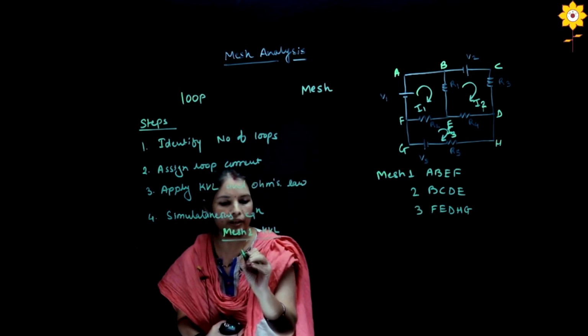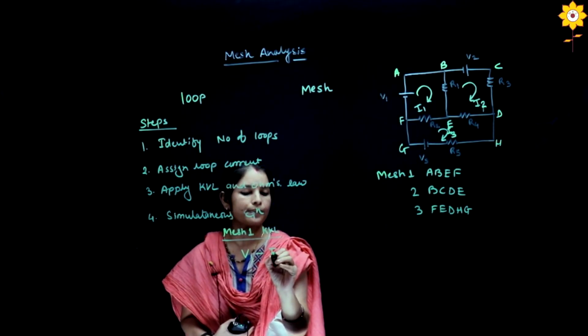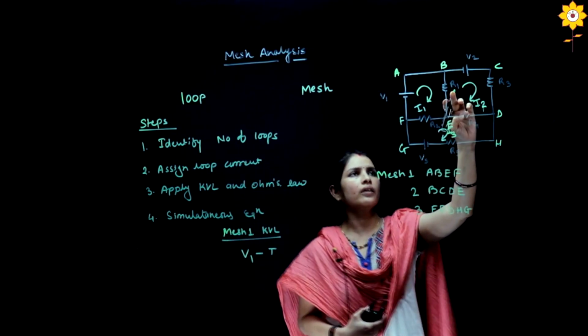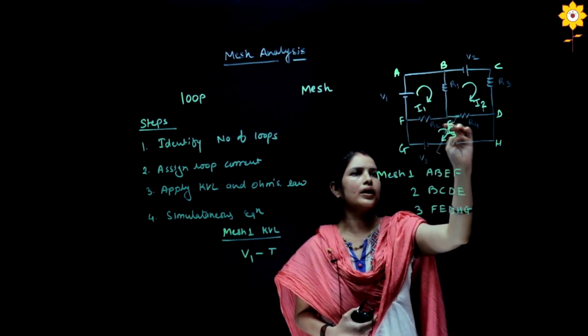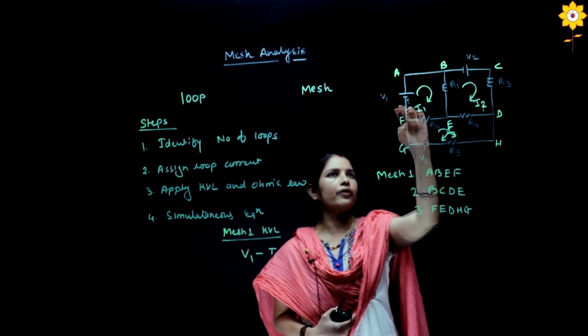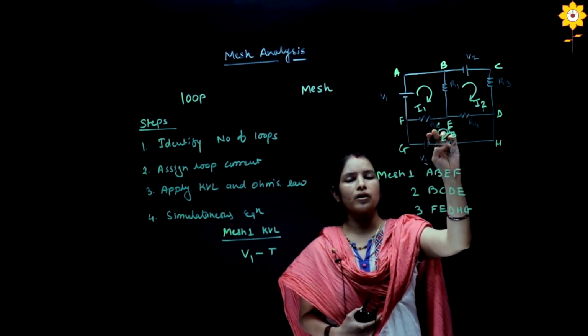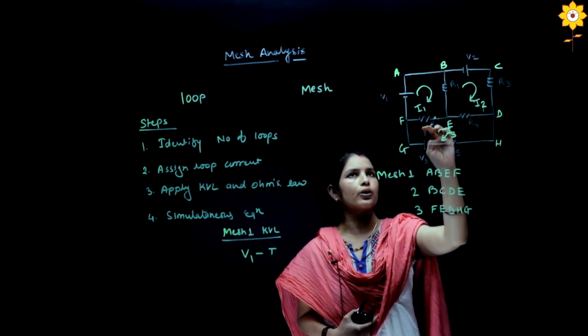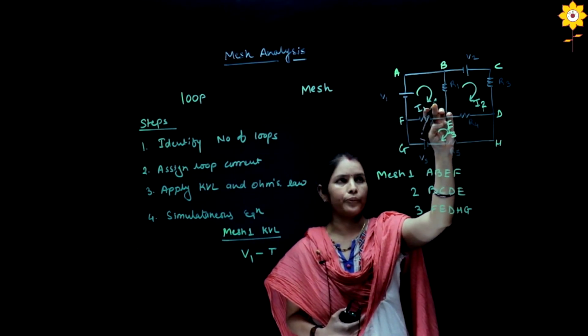By applying KVL we will go for mesh 1, that is A, B, E and F. Here we have one voltage source V1, one resistance R1 and another resistance R2. R1, R2 and V1 make up mesh 1. We have mesh current I1.